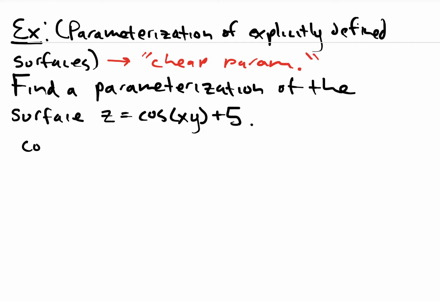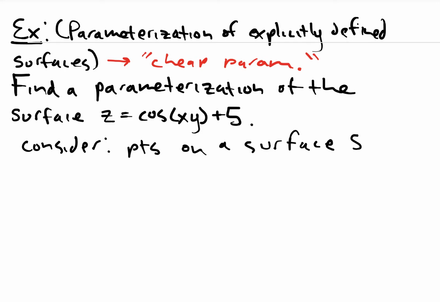What I want you guys to consider is all of those points on a surface, okay, a three-dimensional surface S, these are all going to look a lot like x, y, z, given as a triplet of numbers together in an ordered triple. Okay, so this is my point on my three-dimensional surface.